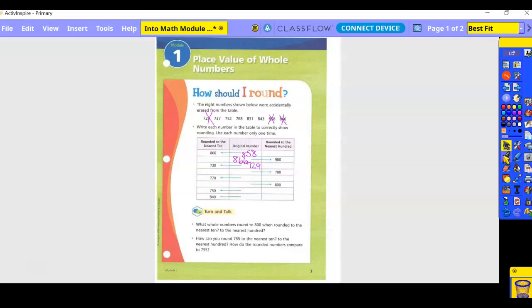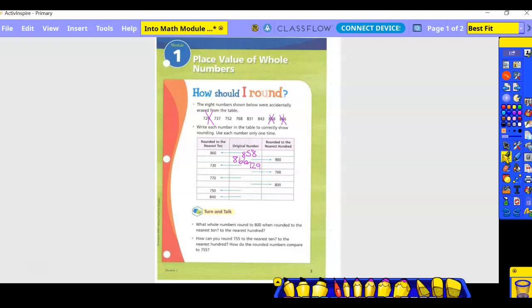It would not be 768 because we went to the nearest 100, and so it went down to 700. So then that second number has to be 4 or lower. So which number is 4 or lower? 737.